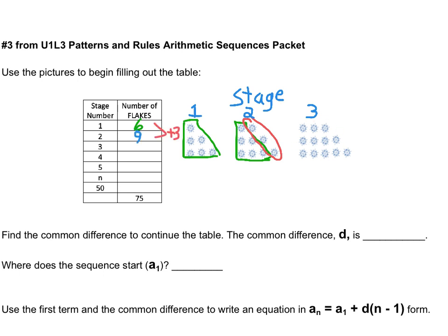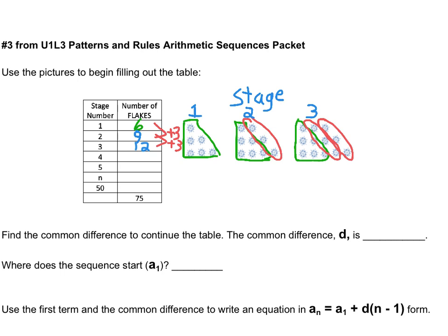For stage 3 then, we see we have our starting 6, and then we've added 3 two times, or another 3 from our previous 9, which is 12 flakes in total. 1, 2, 3, 4, 5, 6, 7, 8, 9, 10, 11, 12.